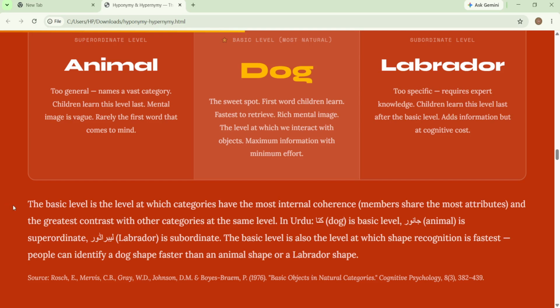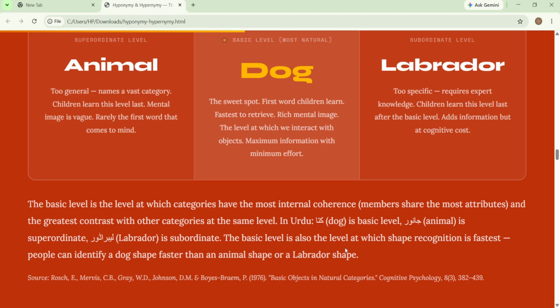The basic level is the level at which categories have the most internal coherence, which are members that share the most attributes, and the greatest contrast with other categories at the same level. So an example is in Urdu, kutta, which is dog, is basic level, janwar, animal, is superordinate, then Labrador is subordinate.